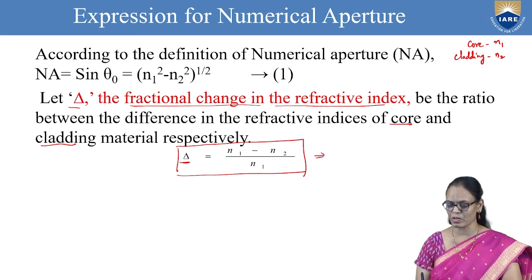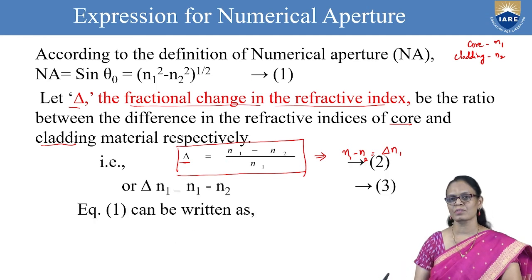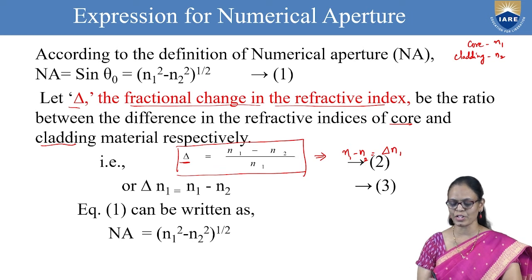From here you can also write n1 minus n2, the difference in the refractive indices, as delta n1. I'm just cross multiplying, so n1 minus n2 is equal to delta n1. Now how do we write this equation 1? In equation 1 we have sine theta is equal to n1 square minus n2 square, power half.